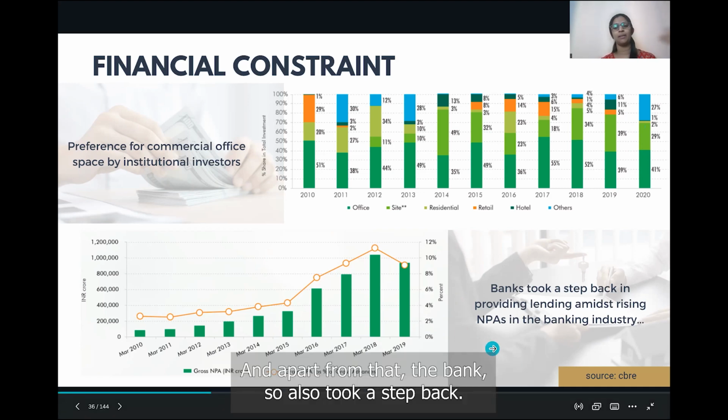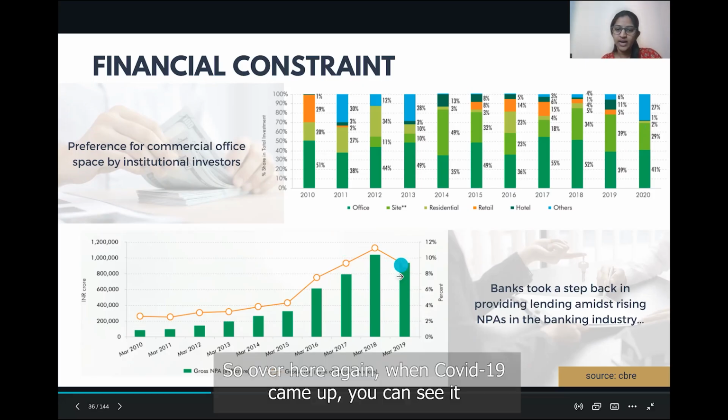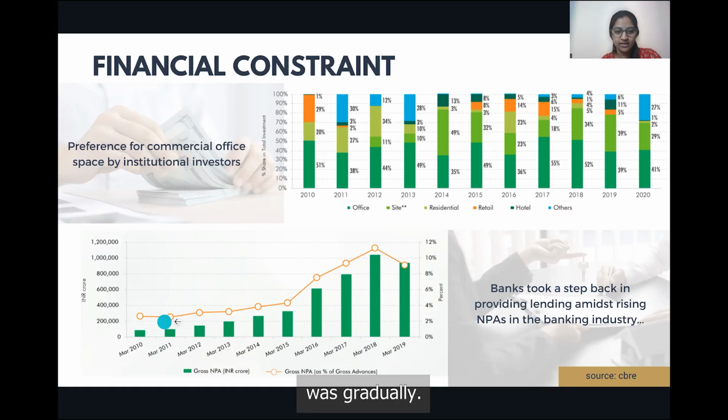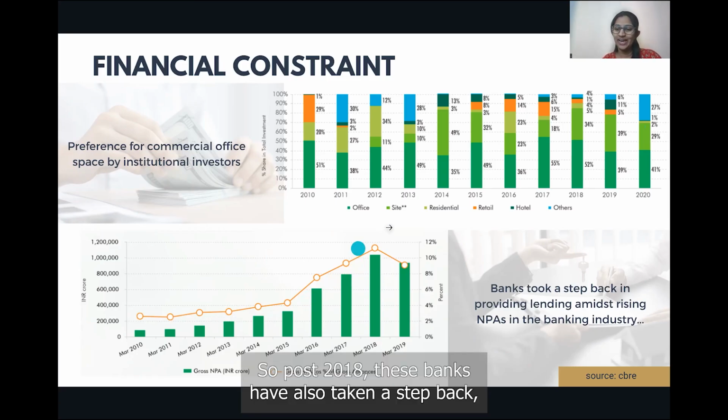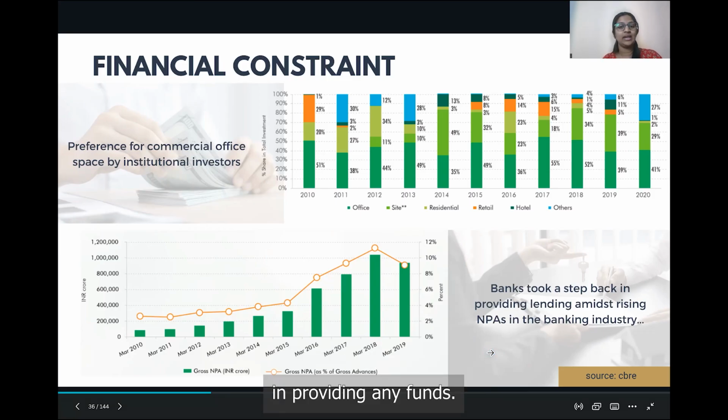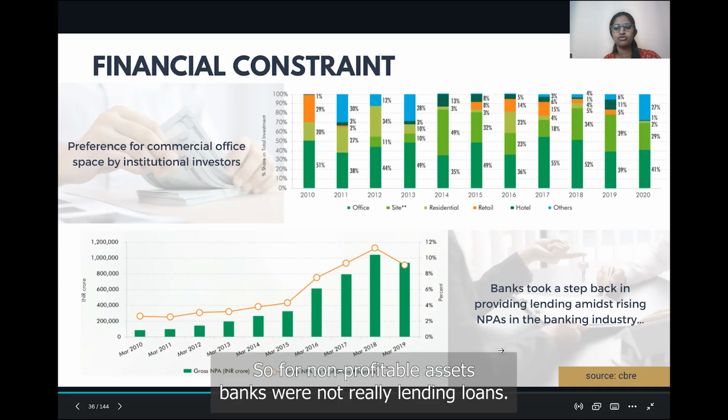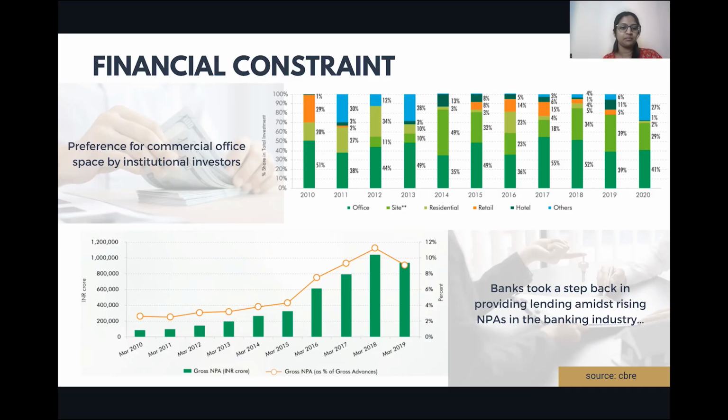And apart from that, the banks also took a step back. Over here, when COVID-19 came up, you can see that it was gradually increasing. Post 2018, the banks have also taken a step back in providing any funds. NPAs over here are nothing but non-performing assets. For these, banks were not really lending loans.